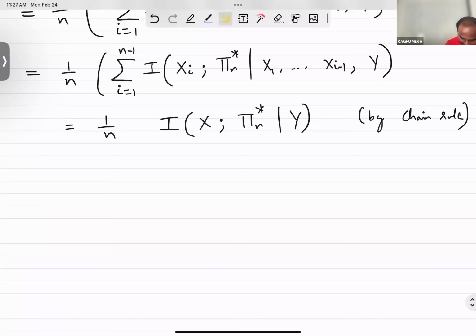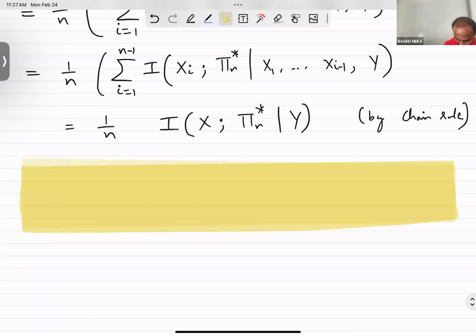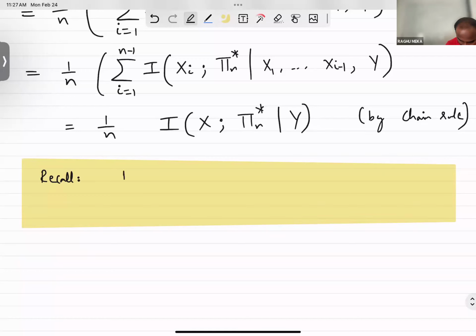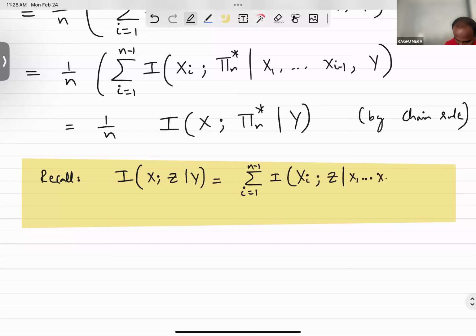So remember, yes, we are using the chain rule again.